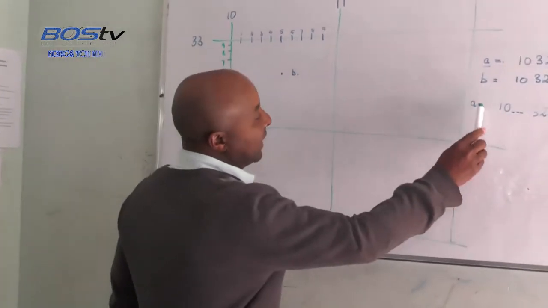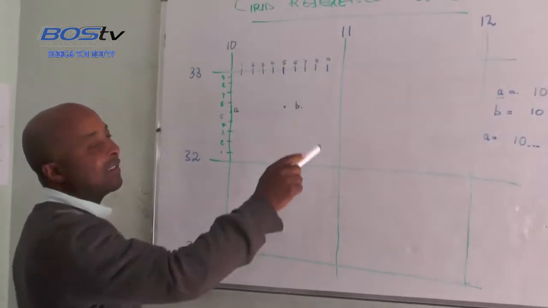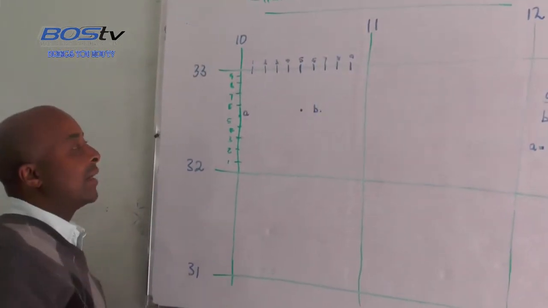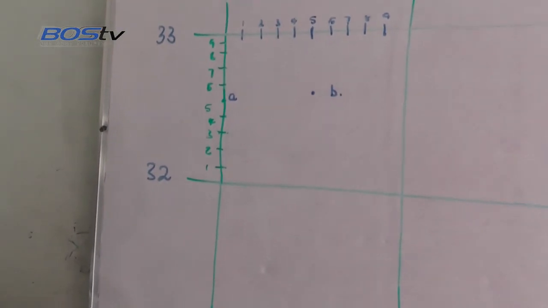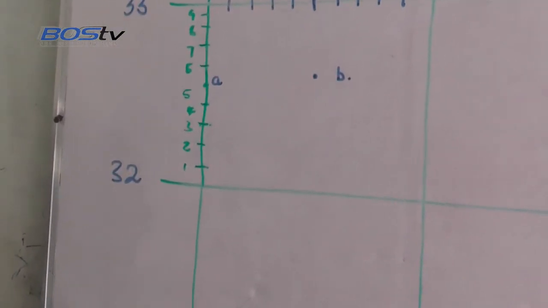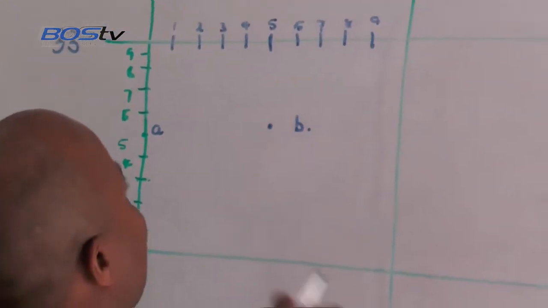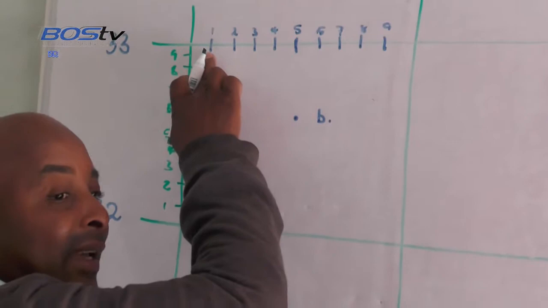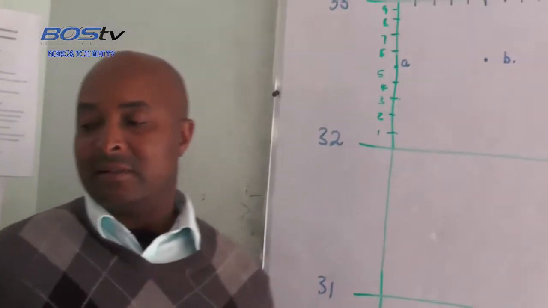So for our A, we are saying A lies between 10 and 11, isn't it? So where exactly do we have our A? Where exactly do we have our A, Faith? Right on 10, so we write a 0 because our 1 is starting there. So you write your 0 there. Done?